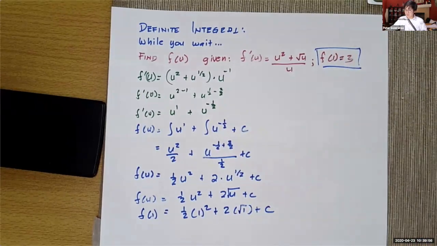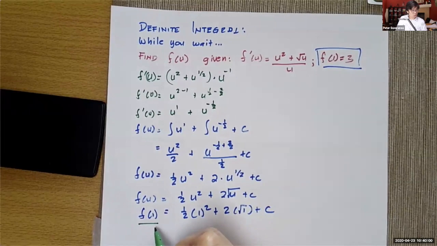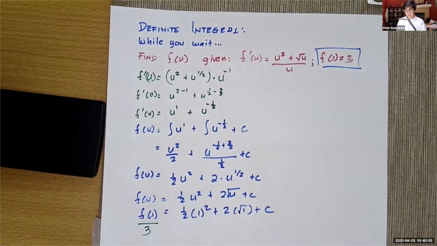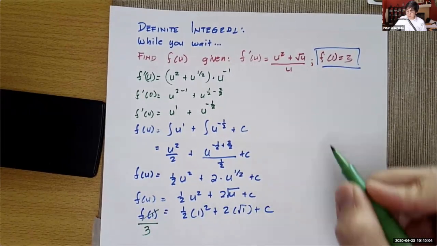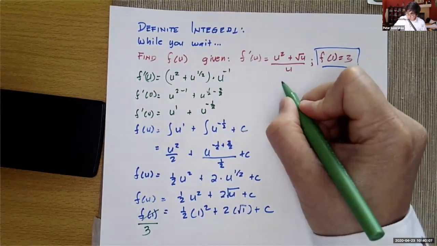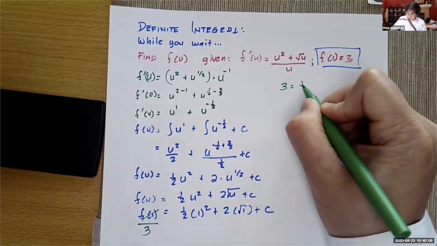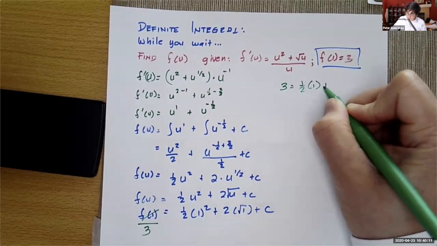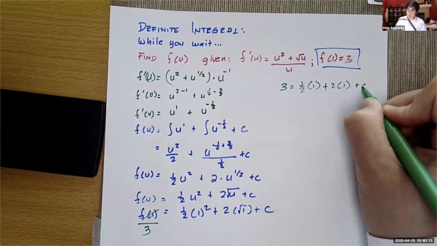We know that f of 1 is equal to 3, so we change the left side into 3. So now we have 3 equals 1/2 times 1 plus 2 times 1 plus c.